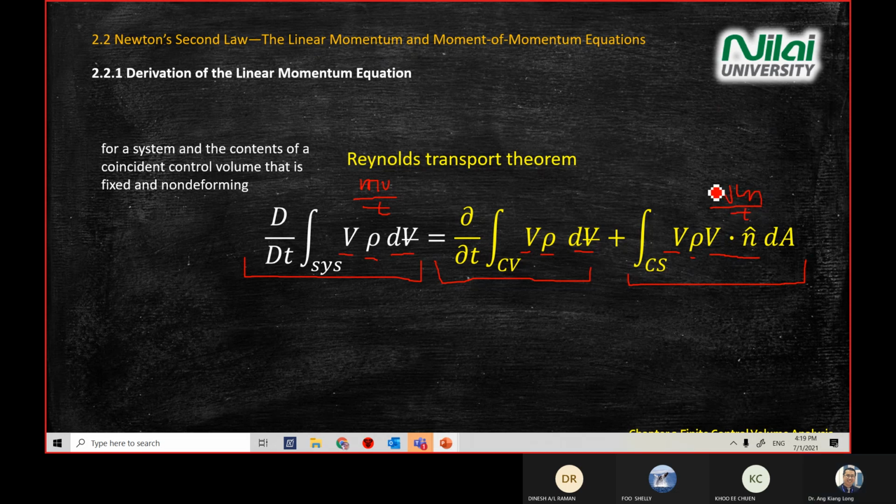Okay, all right. So make sure this equation is also important. When you see the question asks you to solve using the linear momentum equation, meaning we're expecting you to write the whole equation in your answer sheet. Okay.